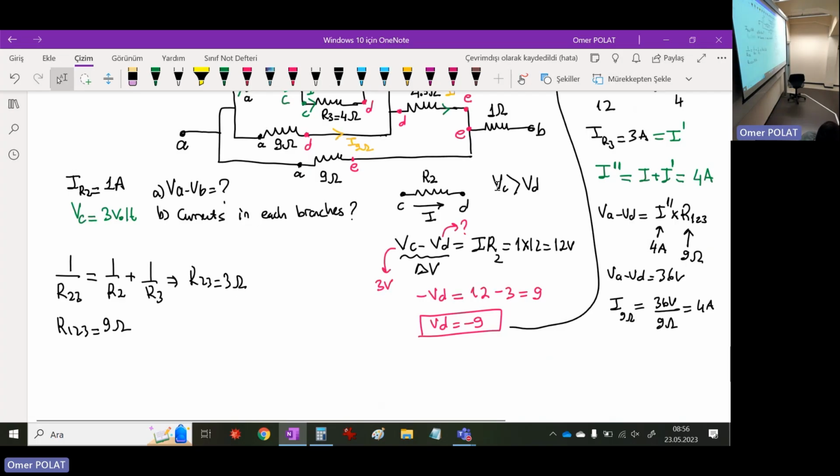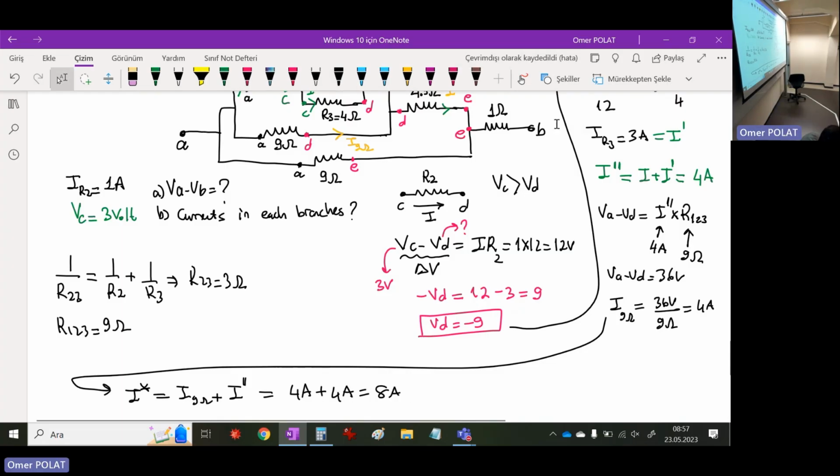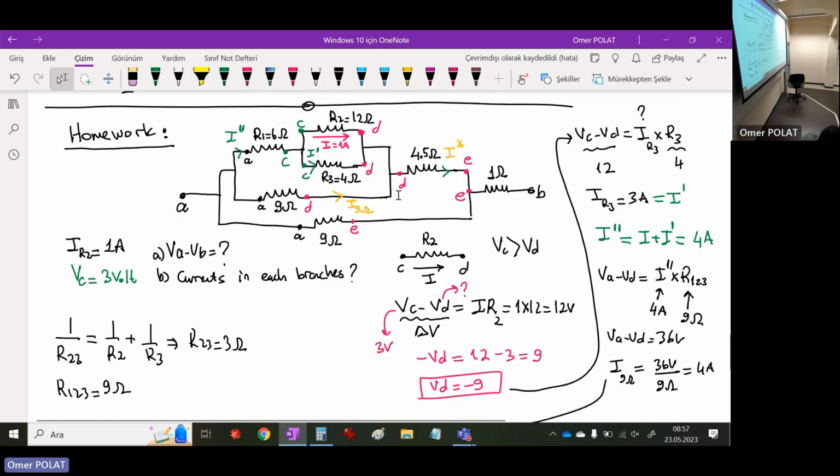So I star is 4 ampere plus 4 ampere, 8. I star is 8 ampere.